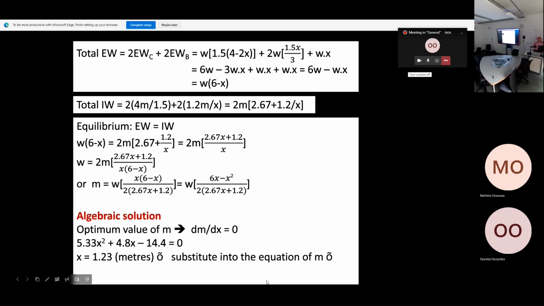I substitute this x value back into m, and this will give me 0.66 W. So the optimum moment is 0.66 W, or if you want, W is 1 over 0.666, which is 1.53 M. So either you know M and you determine W, or you know W and you determine M.